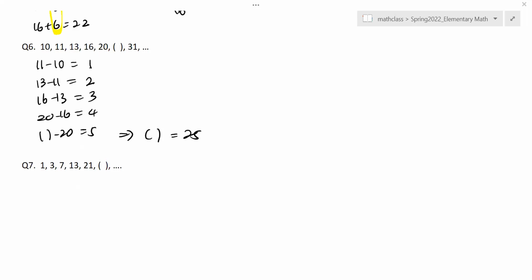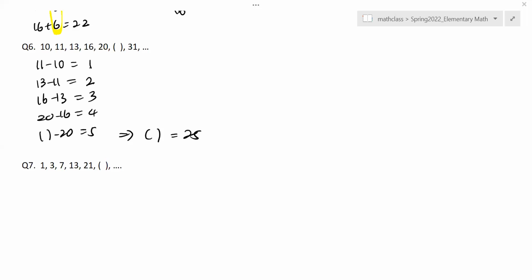Now we have slightly different answers, so you have to be careful when you post. The majority of students have the same number, which is 31. So 31 should be the correct answer.